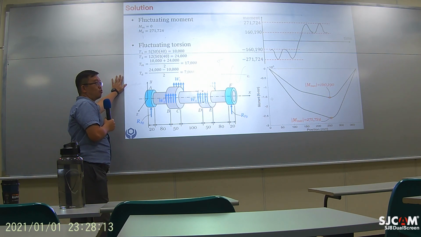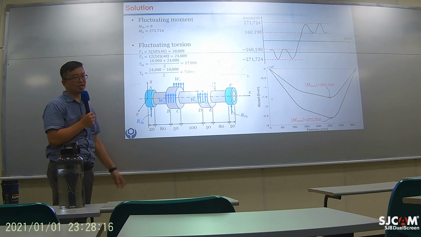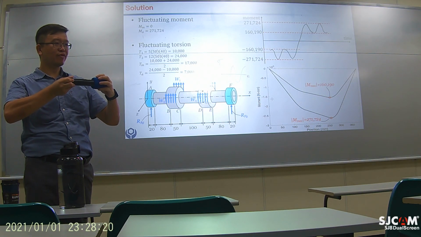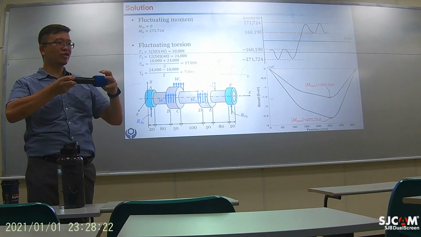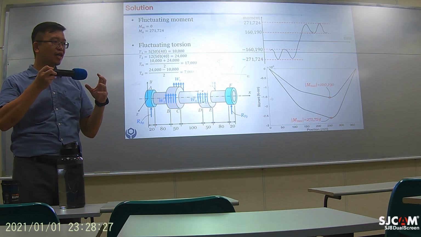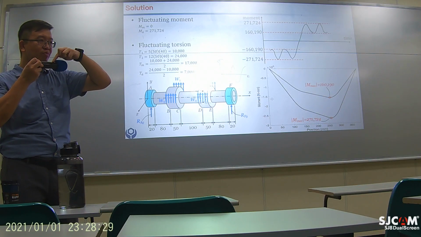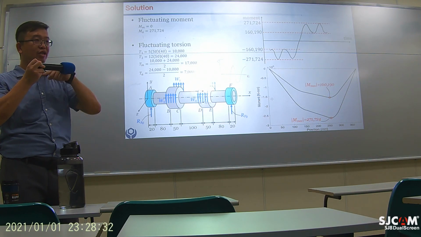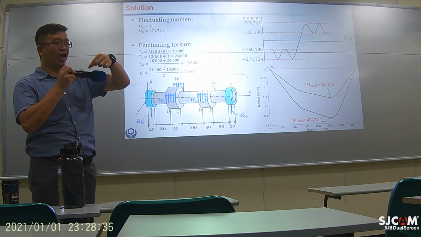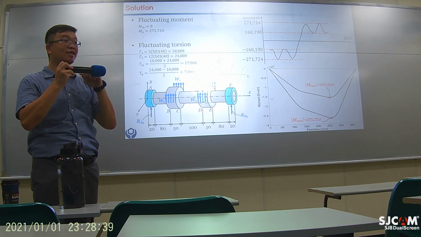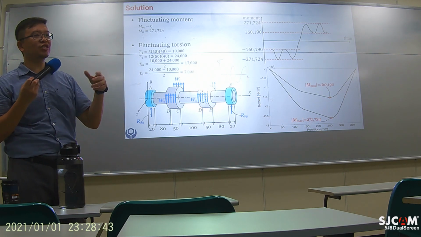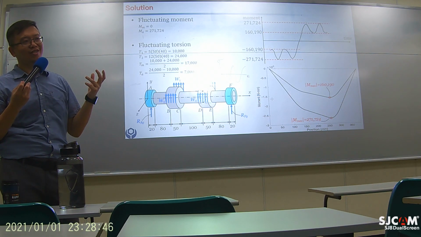Nothing changed for the torsion. How come? Because you are twisting the shaft, sometimes tighter, sometimes loosening a little bit and tighter again. And your design point is rotating around the same axis, and no matter which angle your design point is at, it's always experiencing the same kind of fluctuating twist.